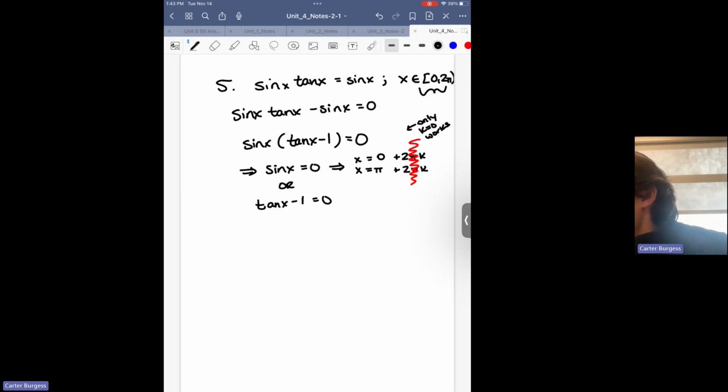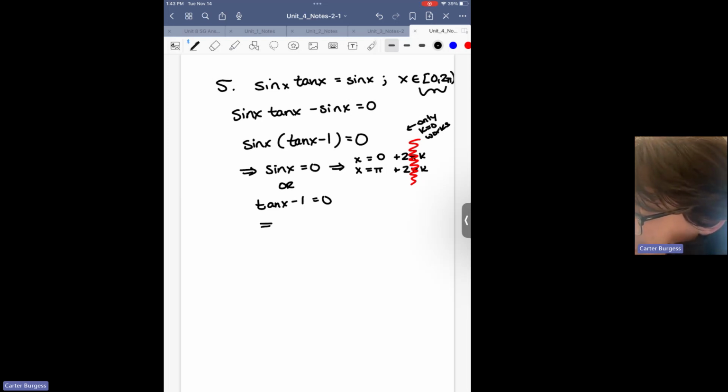All right. So I got two solutions. I got x equals 0. I got x equals pi. And then tan of x minus 1 equals 0 tells me that tangent of x must equal 1.